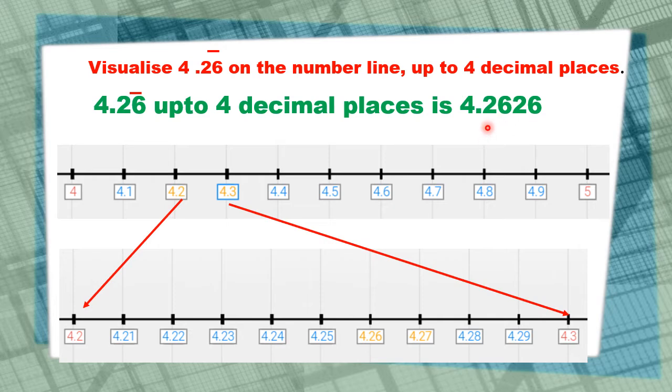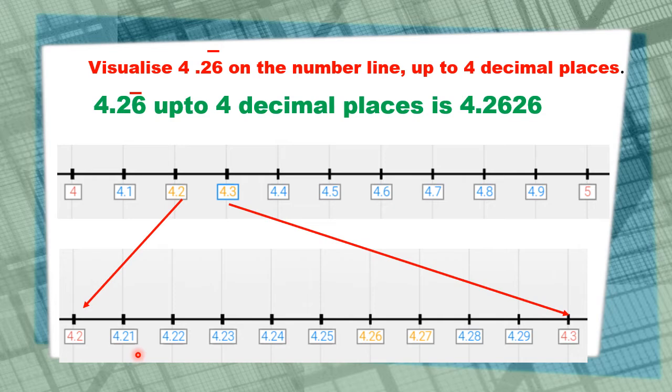So we are selecting the first decimal place 4.2 and the immediate next decimal place 4.3. And we are expanding the number line between 4.2 and 4.3 up to 2 decimal places.